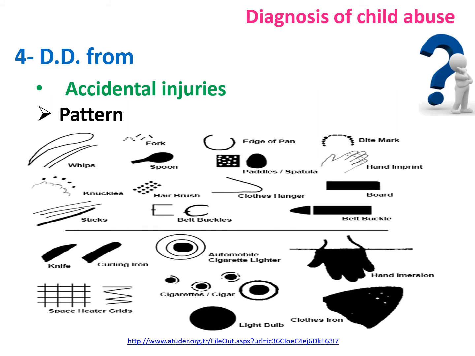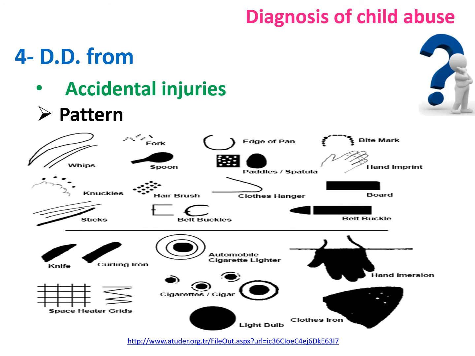Sometimes the bruise is caused by a stick, sometimes by a whip, sometimes by a belt. All these instruments can reproduce their pattern on the skin, and the bruise will give us an idea about which instrument was used.